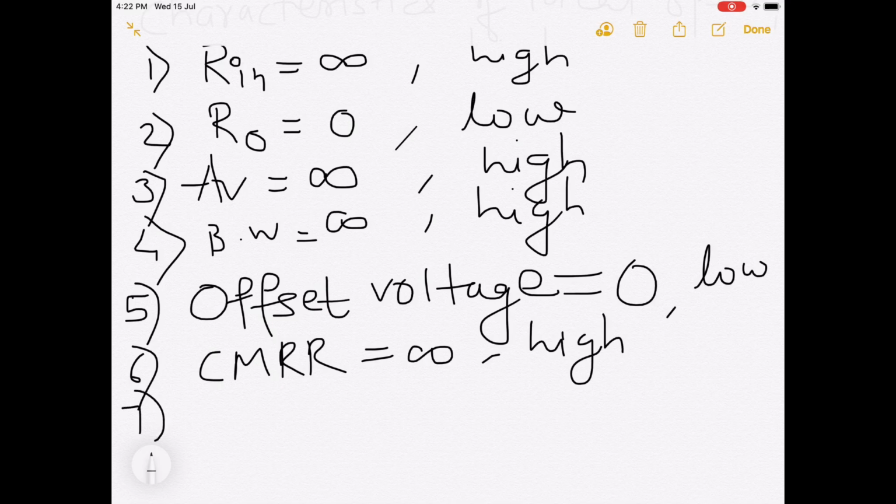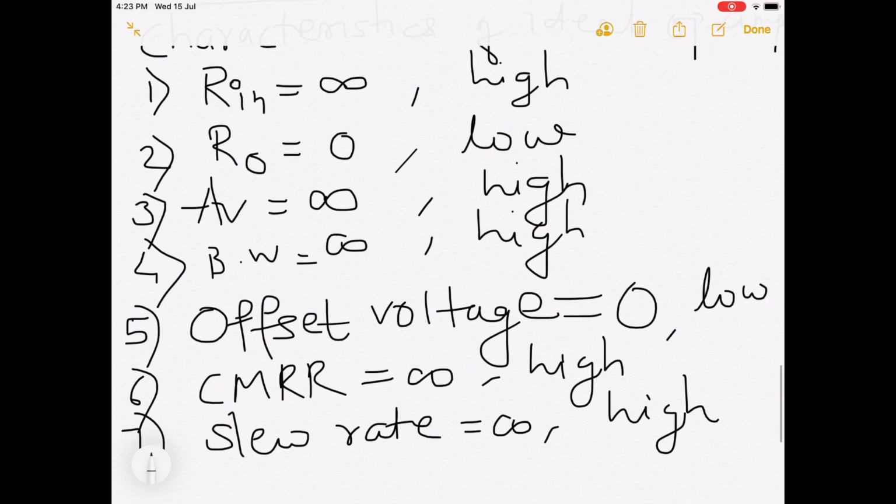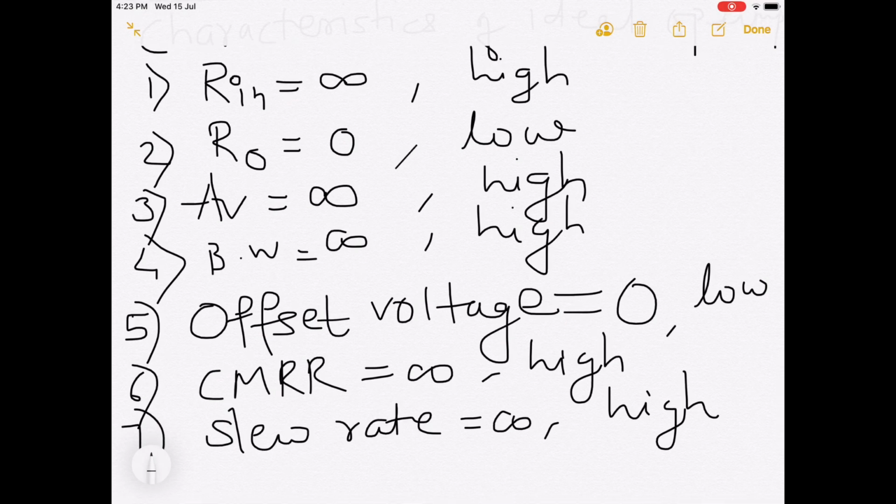Then the next parameter is slew rate, which should ideally be infinite, practically high. These are the main parameters mentioned in the data sheet of every op-amp. Here we will see one by one their practical values in the data sheet, as well as offset voltage, CMRR and slew rate.